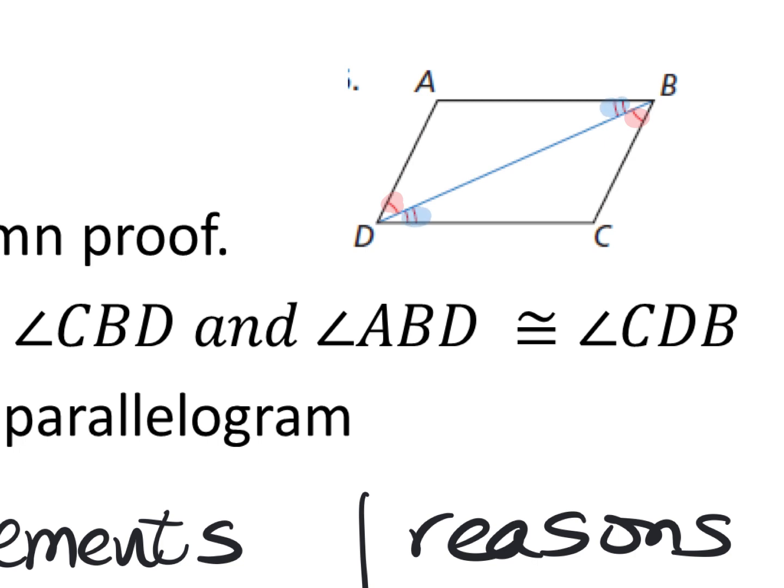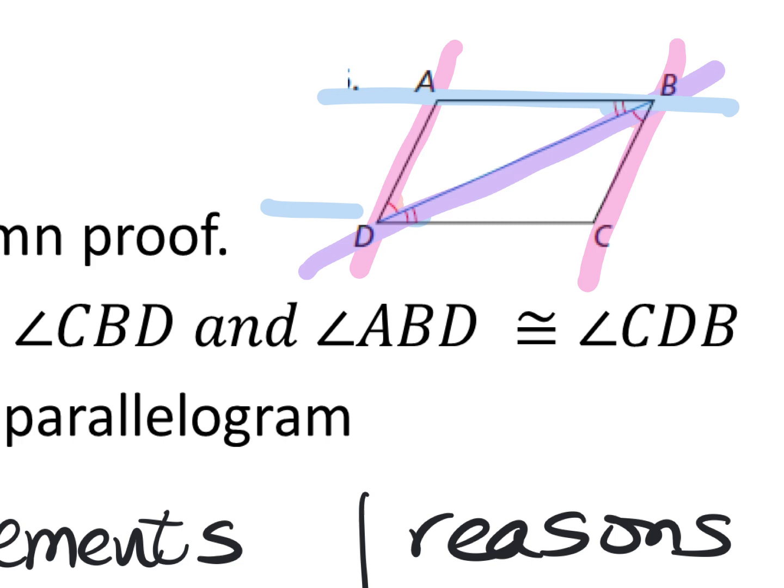And if we have AD parallel to BC, and DB is my transversal, these are alternate interior angle pairs. I could also show the parallel this way, so the parallel this way would be these two, and then I'll do the same markings that are there, and then these.